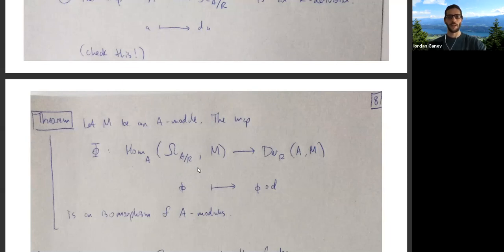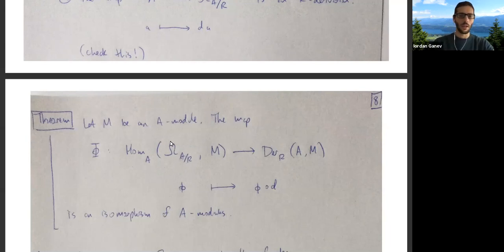We can think about A-linear maps, and those are the same as derivations. Sometimes derivations are a bit tricky to understand or a bit non-intuitive because of the Leibniz rule, but A module homomorphisms are maybe a bit simpler to understand.